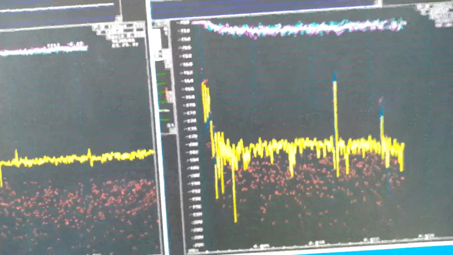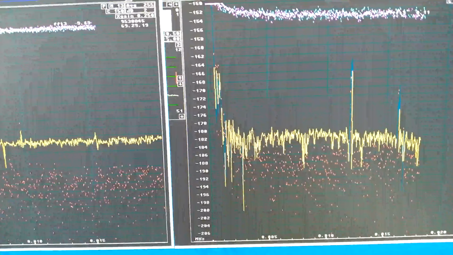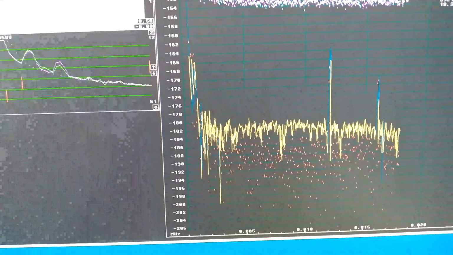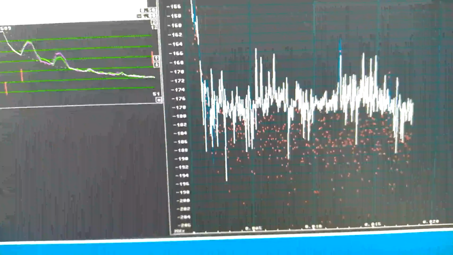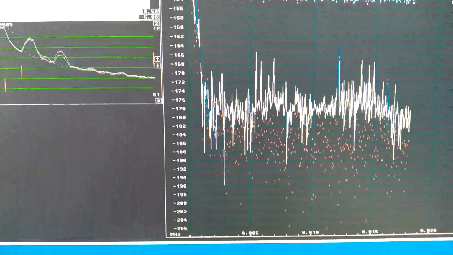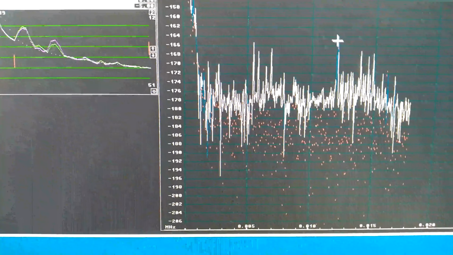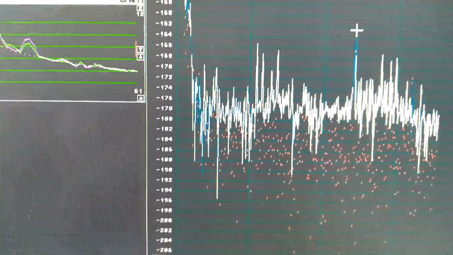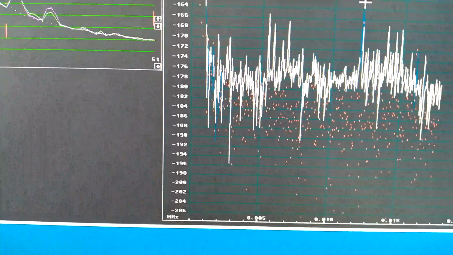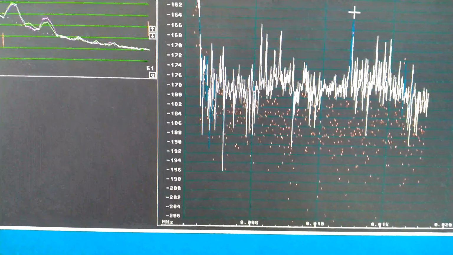So something is at 4 kilohertz. I can look at the amplitude spectrum here, and it has this 12 kilohertz spur and not so much the other ones.